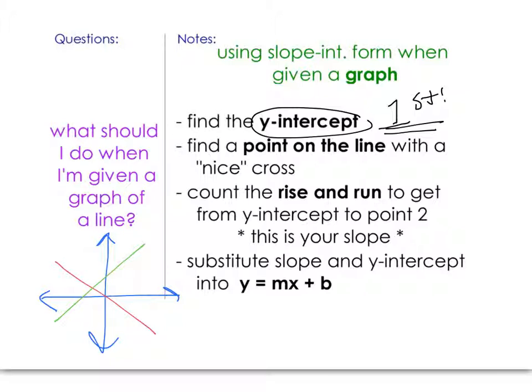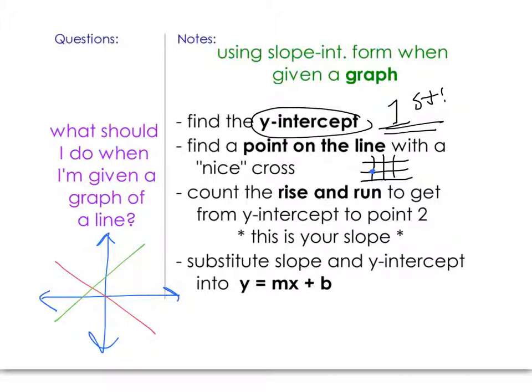Then you want to find a point on the line with a nice cross. That means if this is your grid, you want to find a point that crosses in a nice cross. You'll see what I mean in a minute.